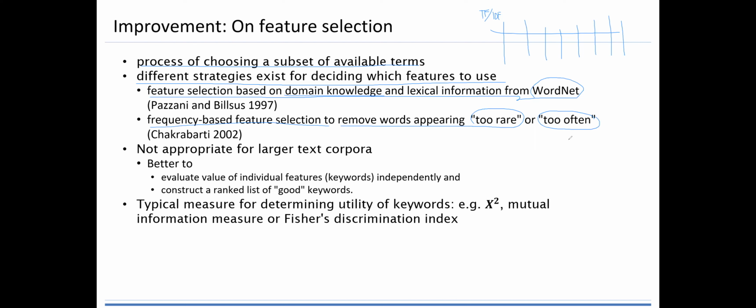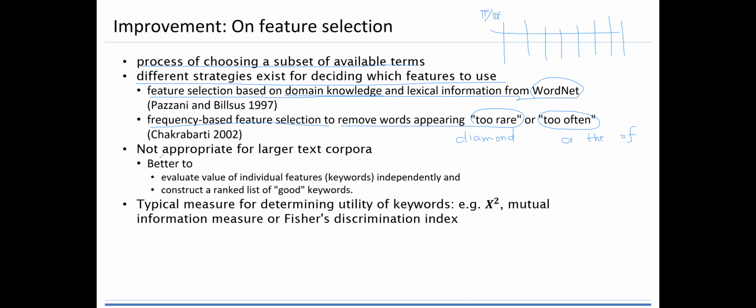Words that are too often are like the, or, of, so we can remove them. Or too rare, maybe the word diamond. Maybe it's not that common to use the word diamond, so because it is too rare, we can remove it.